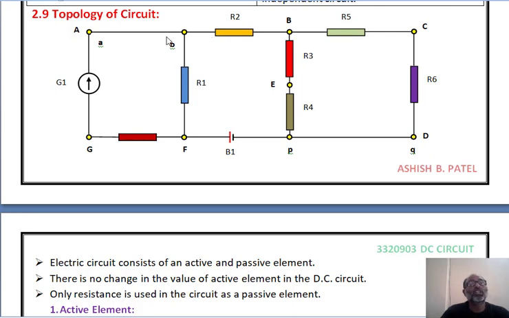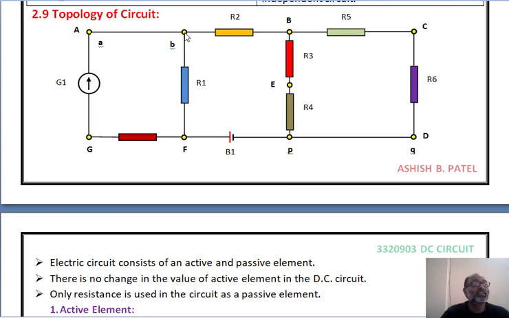Fourth, what is a node? When two or more than two elements are joined at a particular point, here you can see this point, this point is known as a node.